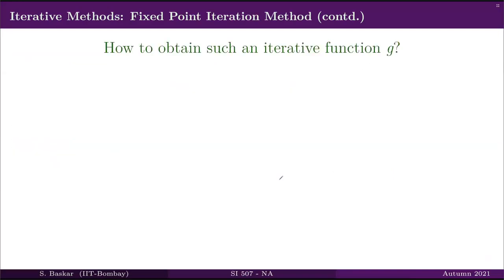Now the question is how to obtain an iterative function so that the sequence xn is well defined. Look at this equation. We have rewritten our equation f of x equal to 0 in this equivalent form, right? Therefore, we are going to work with this equation now.